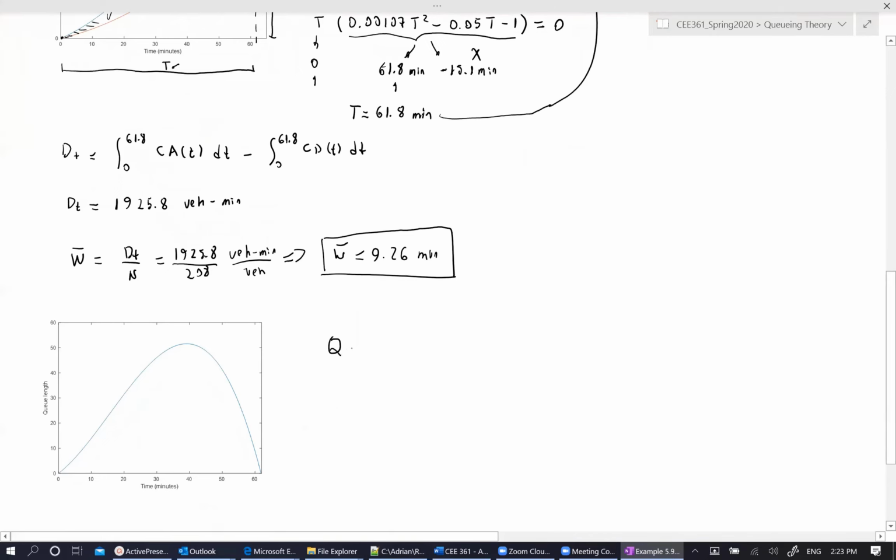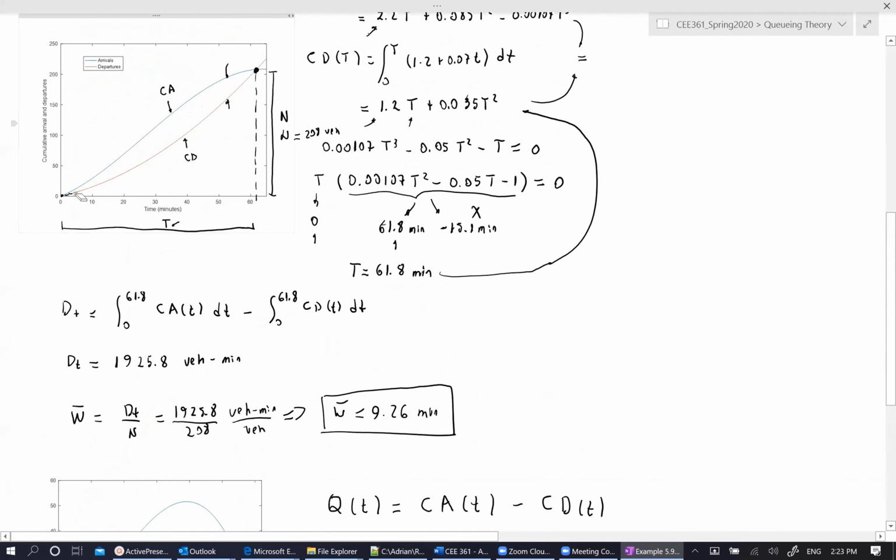Q of t is equal to the cumulative arrivals minus cumulative departures. So if you take any point in time, let's say at 20 minutes, this would be the queue length.